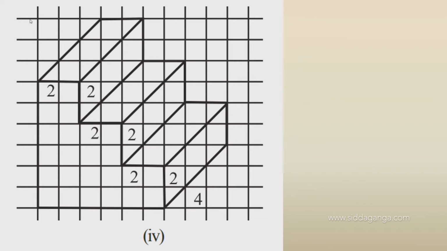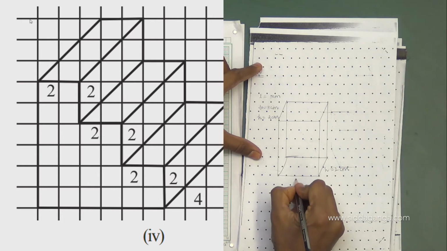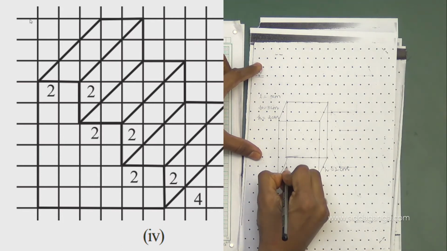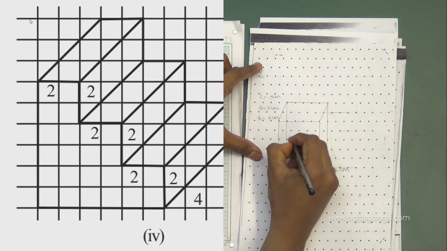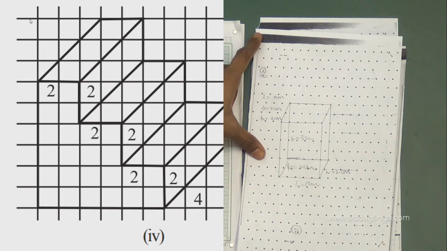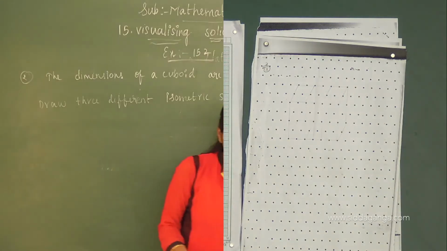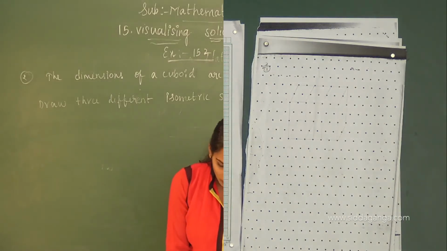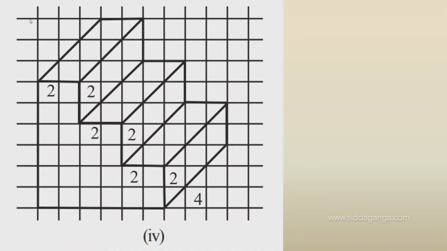Here how we draw? Just L equals 5 centimeters, B equals 3 centimeters and H equals 2 centimeters. Next question.